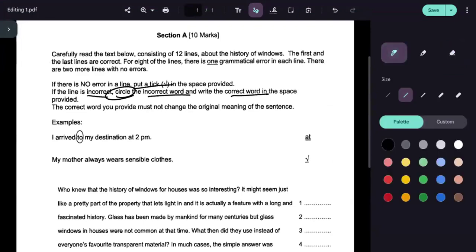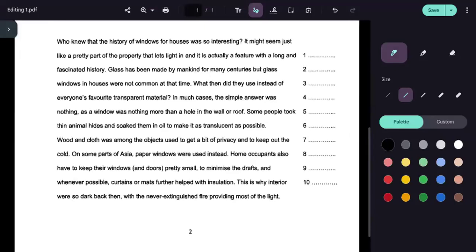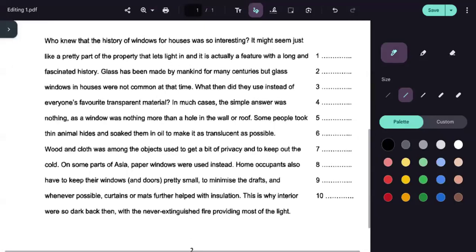Okay, so let's start reading this. Who knew that the history of windows for houses was so interesting?